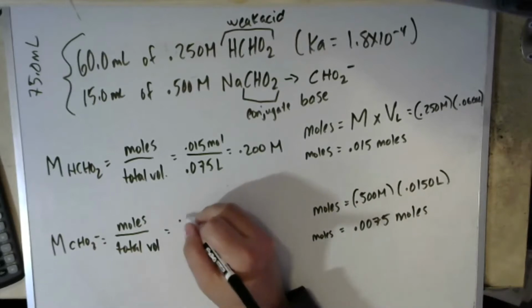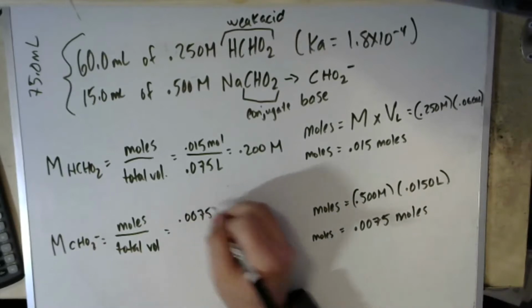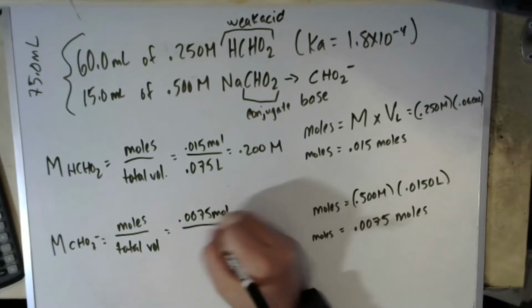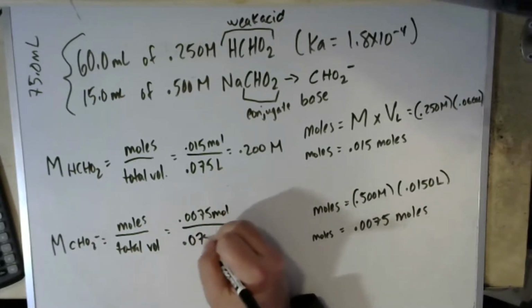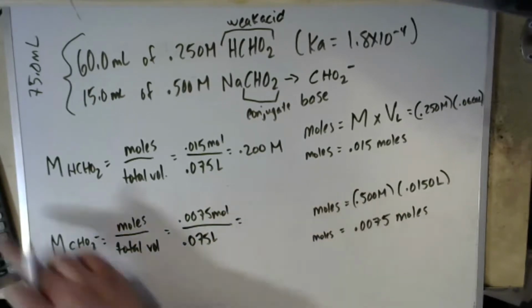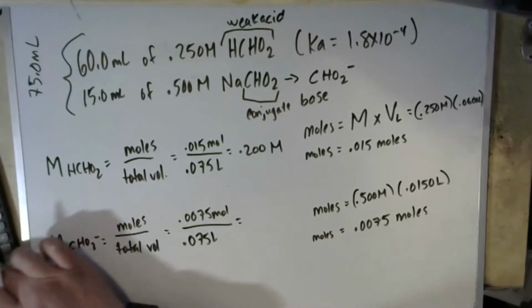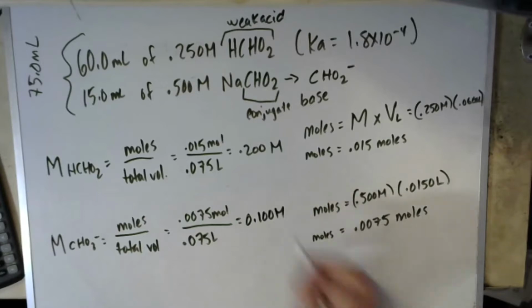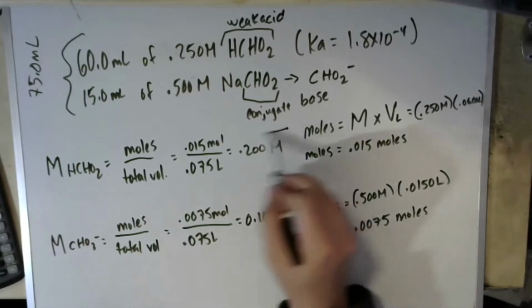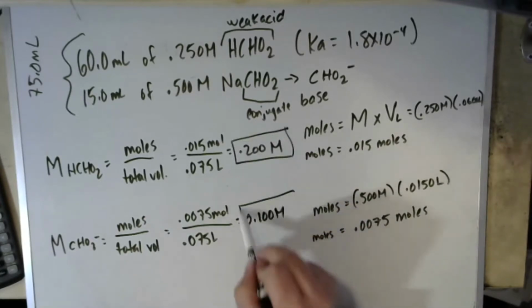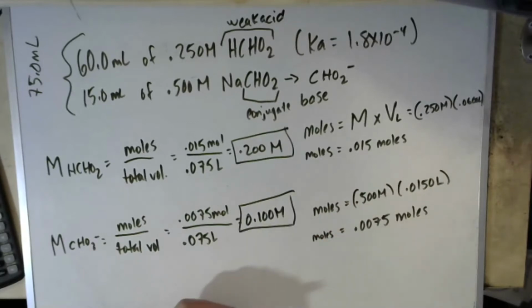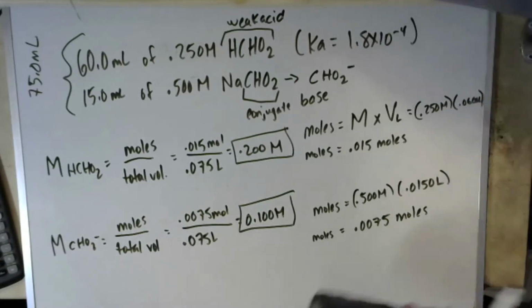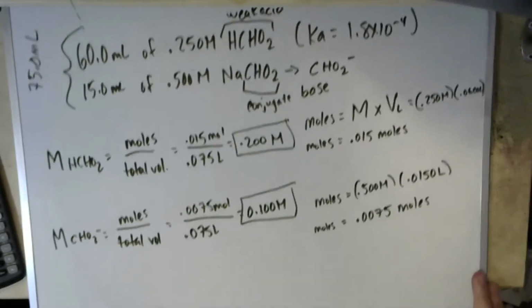Now I'm going to calculate the molarity. These are the concentrations of the acid and the conjugate base that are in my current solution, and these are the concentrations that I can plug into that Henderson-Hasselbalch equation.